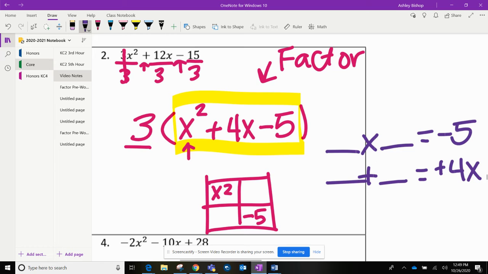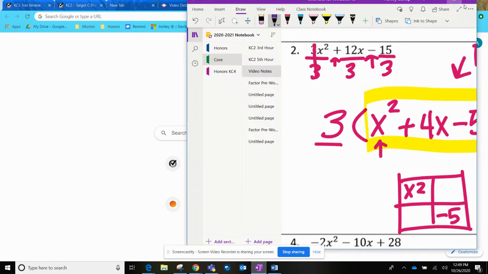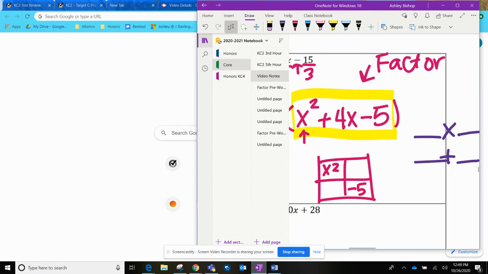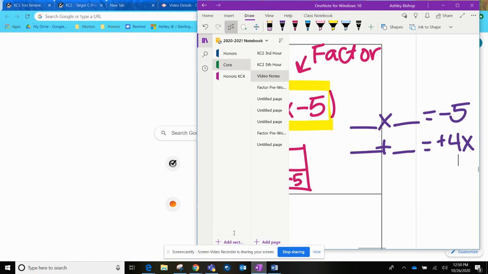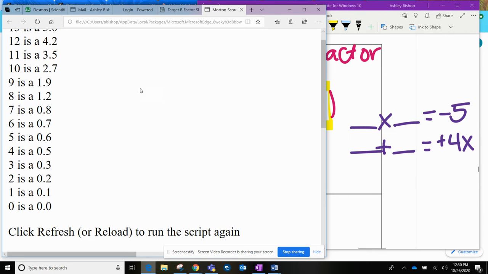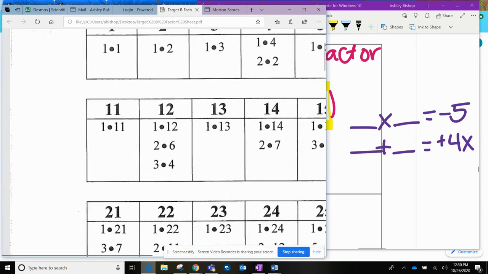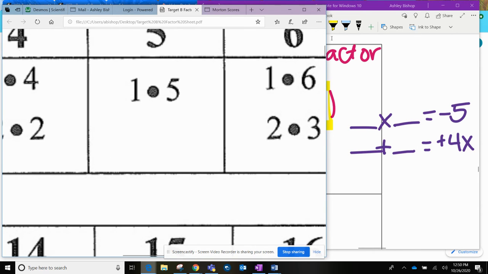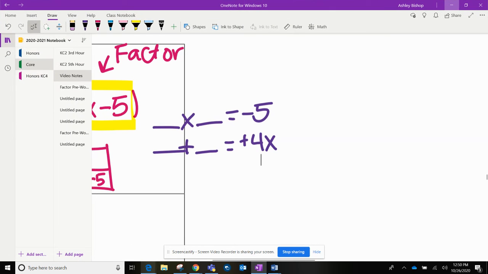Alrighty, so remember, I'm going to go use my factor chart, and the factors of negative 5 are the same factors of positive 5, maybe just different signs. So I want to go find 5 on my factor sheet. So I like 5 because 5 only gives me 1 and 5. So I know that that's my only option. So I need to use the numbers 1 and 5.